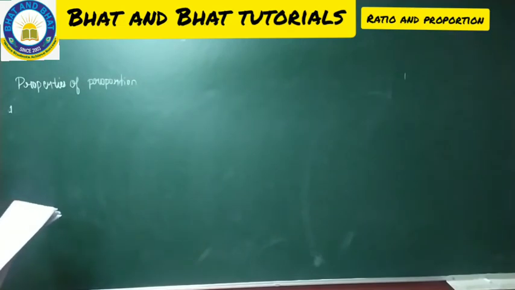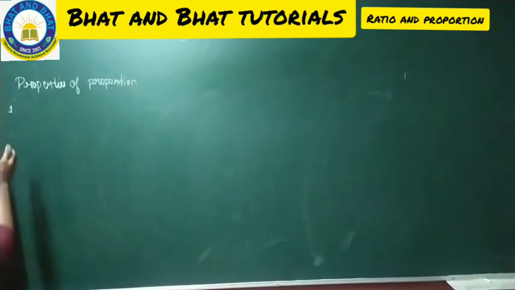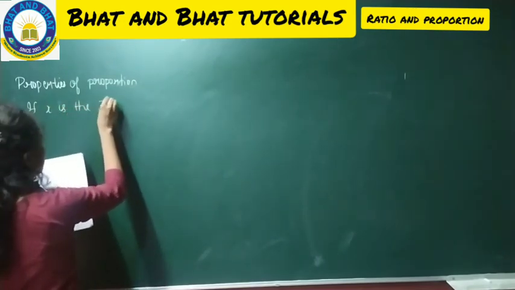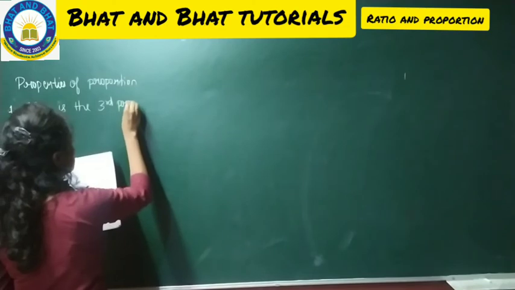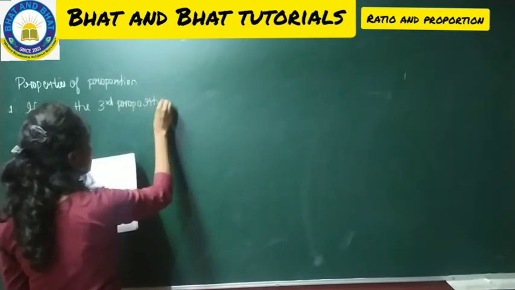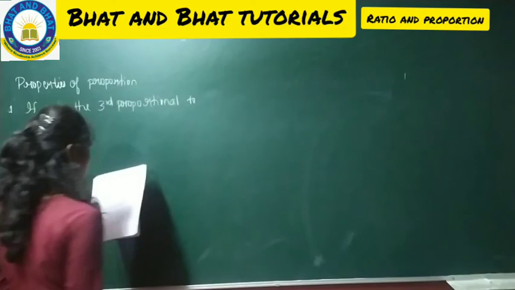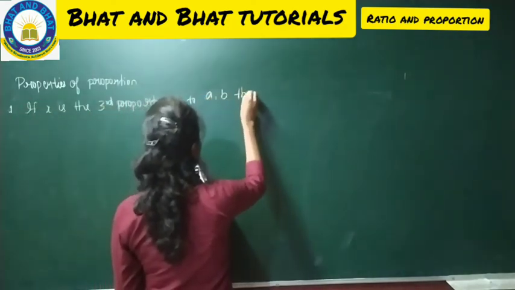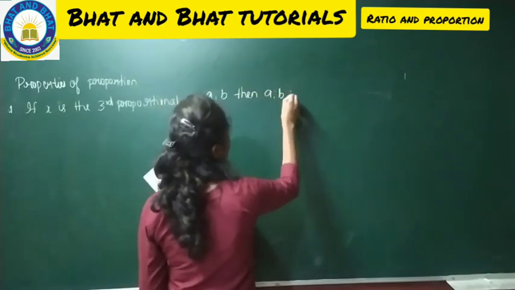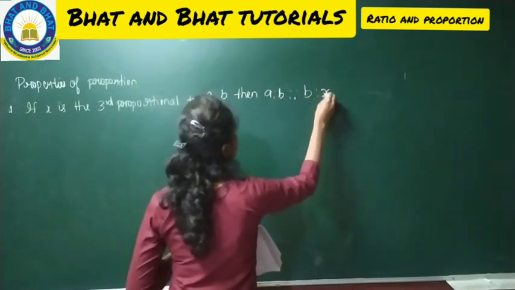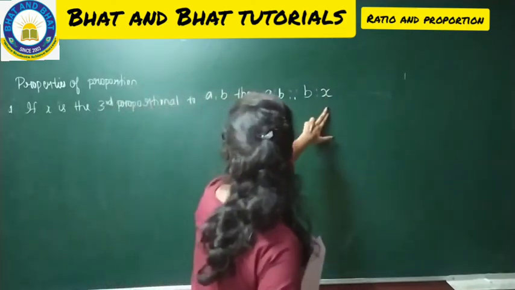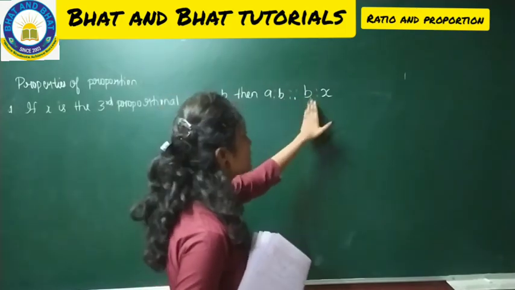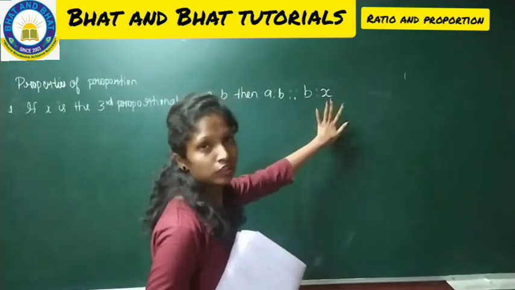The first property is telling: if x is the third proportional to a, b, then a is to b will be equal to b is to x. That means x will be the third proportional for a and b, and this will be your first part, this will be your second part, and this is your third part.